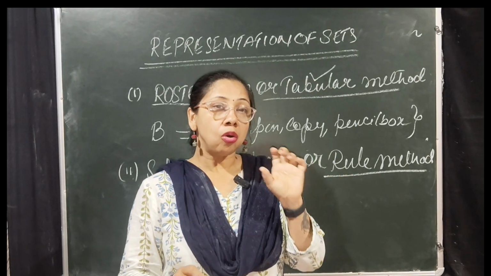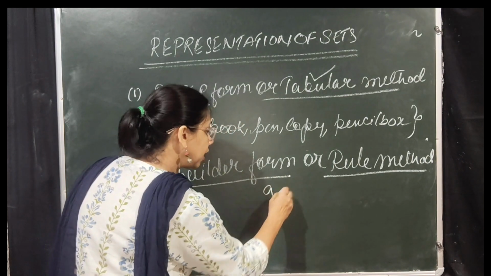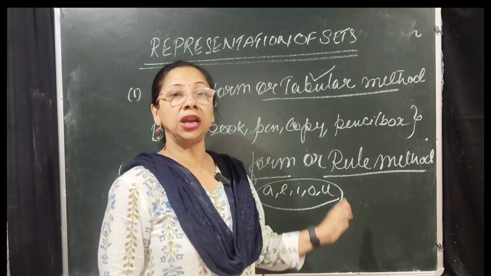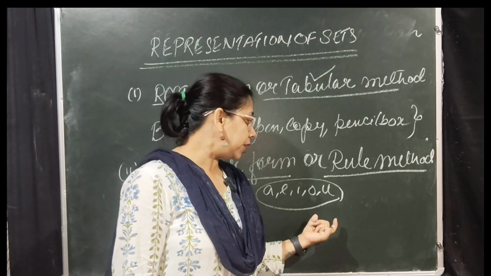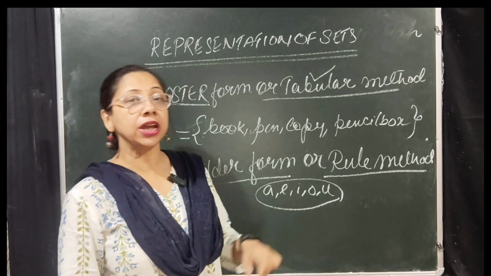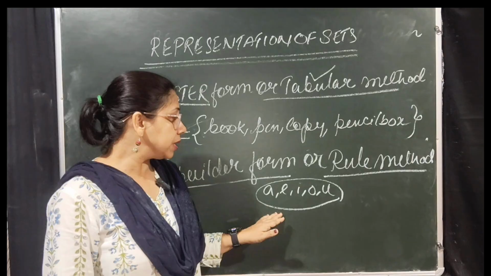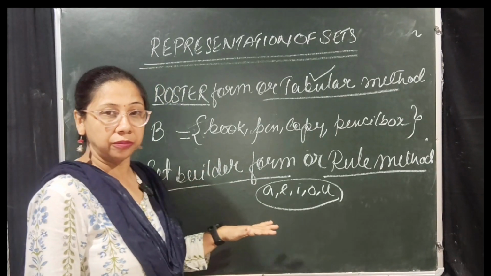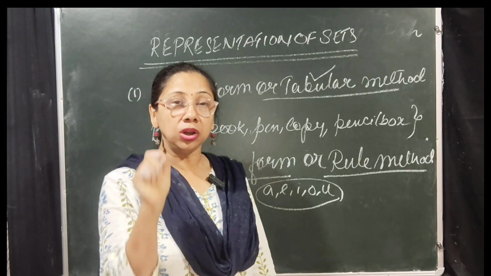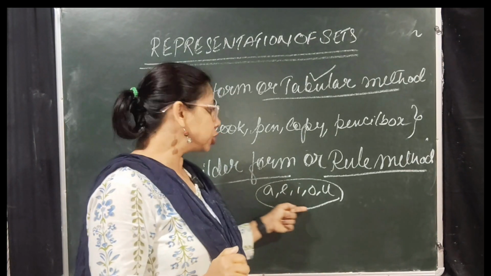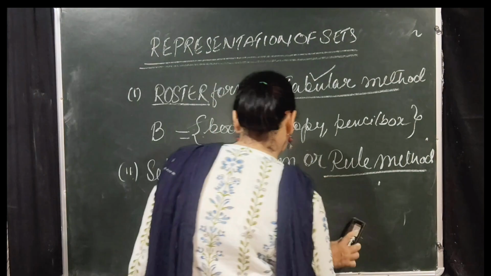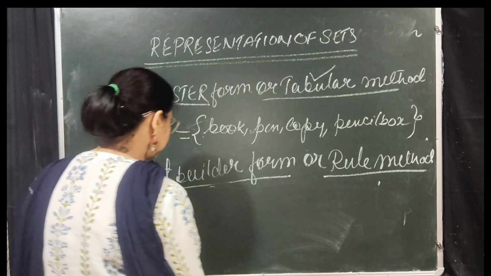In this case, all the elements, that is A, E, I, O, U, are popularly known as vowels. So, vowel is the property of all these 5 elements. If I have to write down these elements in set builder form, I will have to write down only the property, only the rule that is followed by all these 5 alphabets. We will write it in this way.